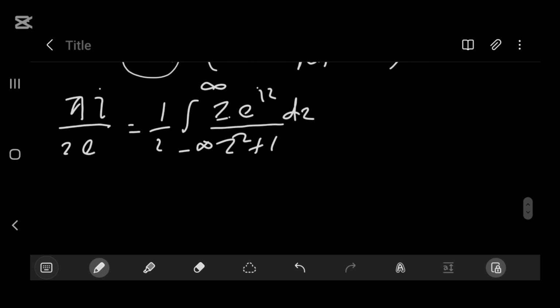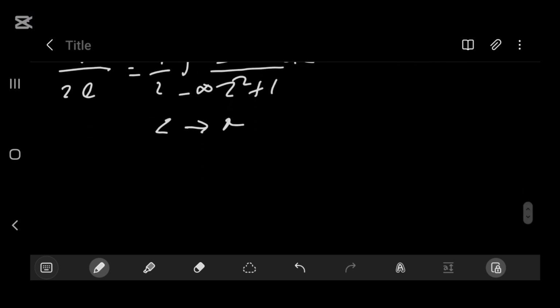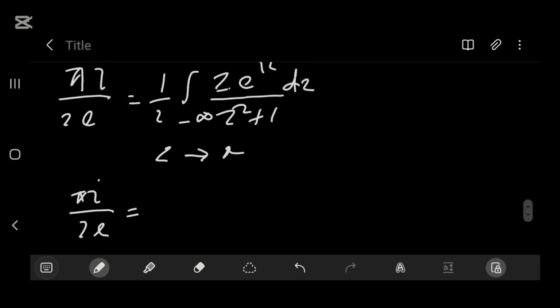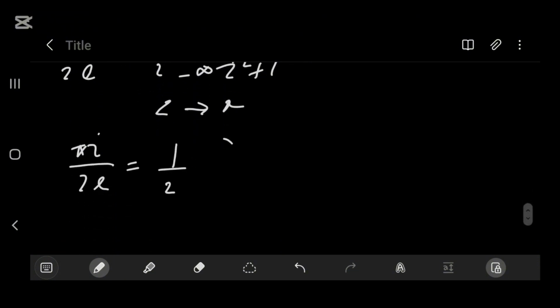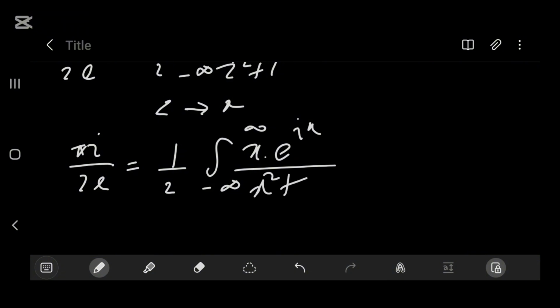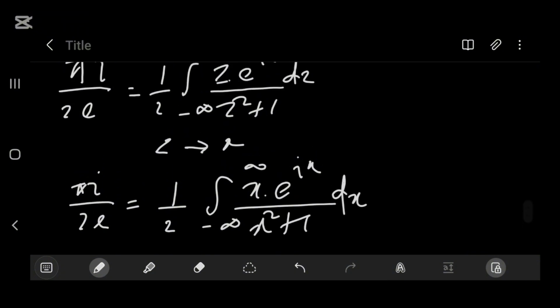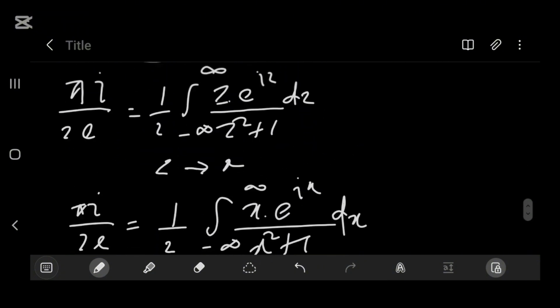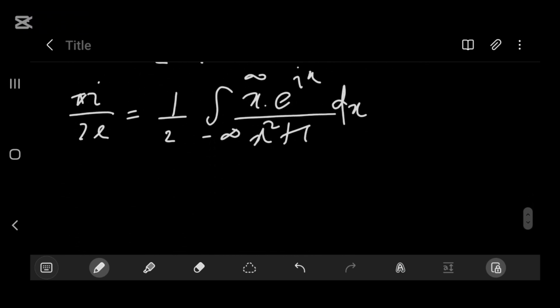These are just dummy variables. When z tends to x, we have pi i over 2e equals 1 over 2, integral from negative infinity to infinity of x times e to the ix over x squared plus 1 dx. Now we have to take the imaginary part of both sides.